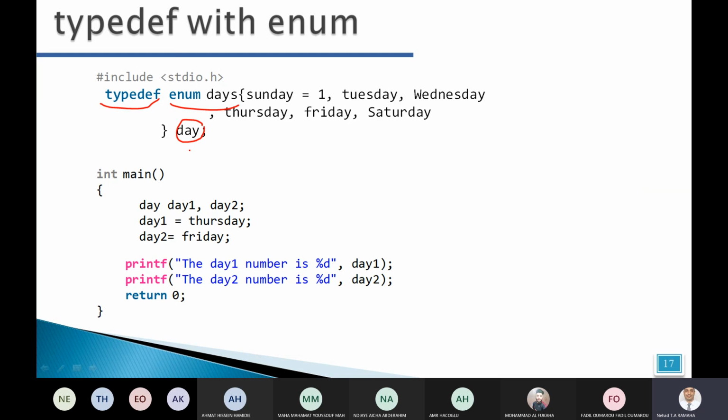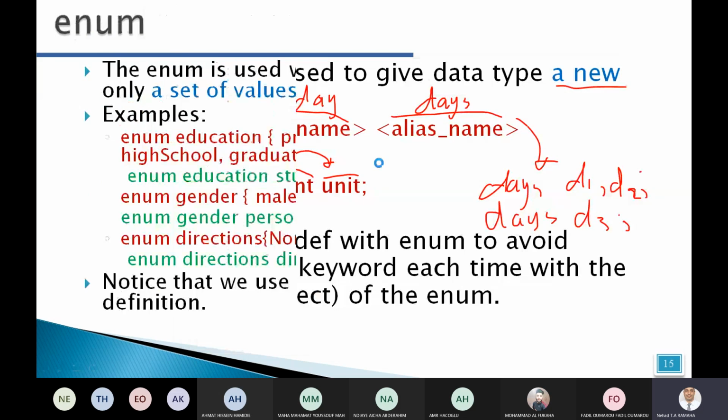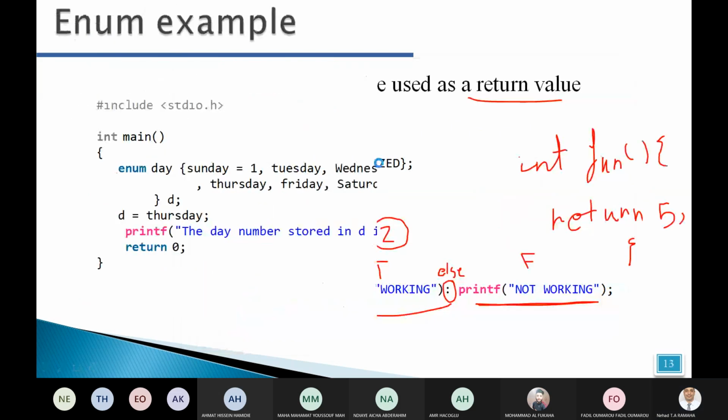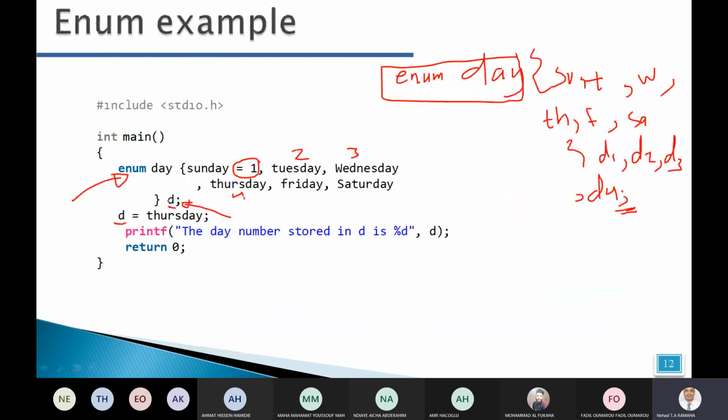Now day is the alias name for enum days, not a variable. It's different from this example. In this example, it's a variable or object. Actually, the correct name is object.